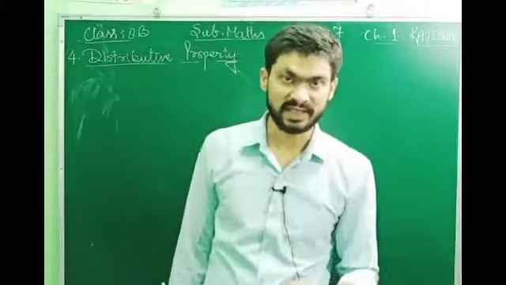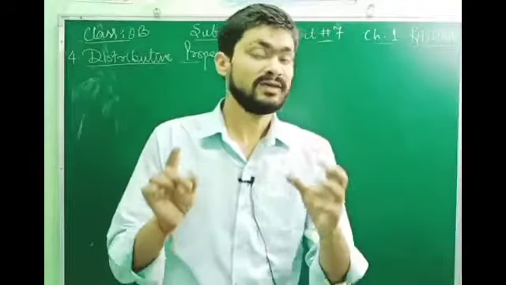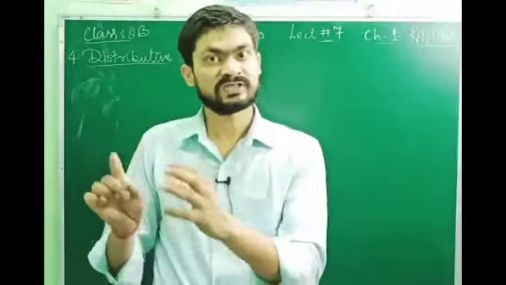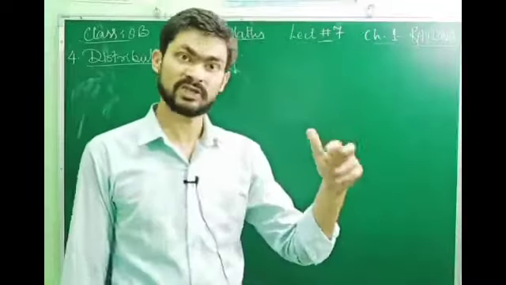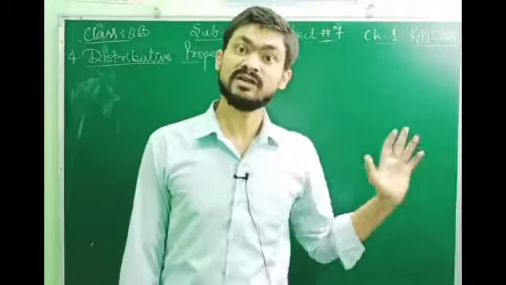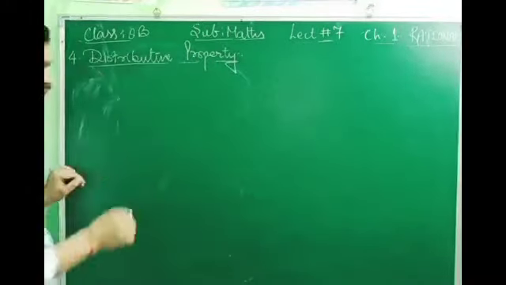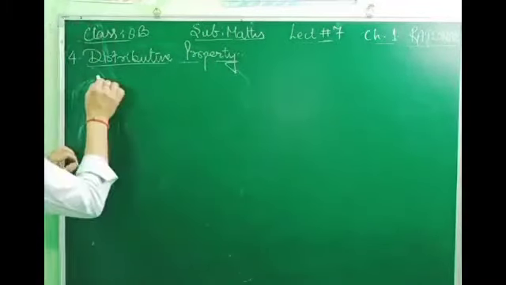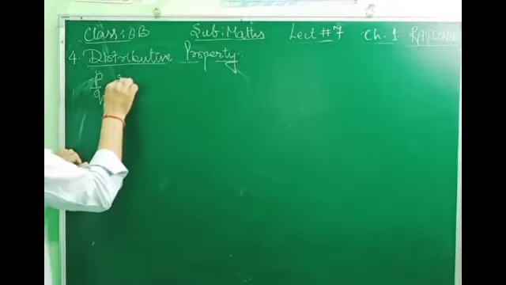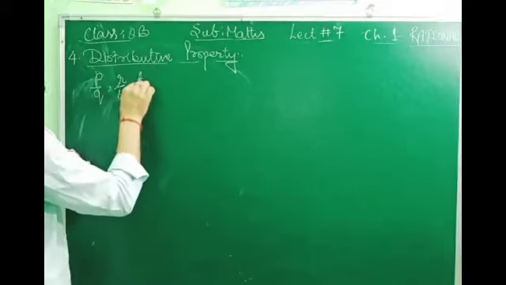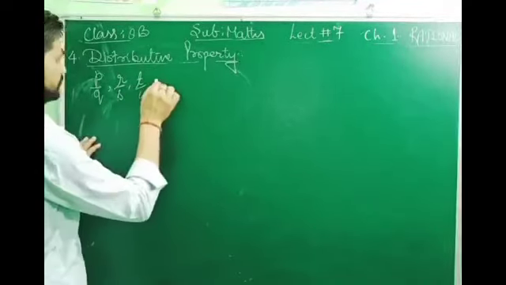So we will see two operations performed together on the rational numbers: multiplication with sum, and multiplication with difference. Let us see, it says that if we have three rational numbers, P by Q, R by S and T by U, written in the following manner.